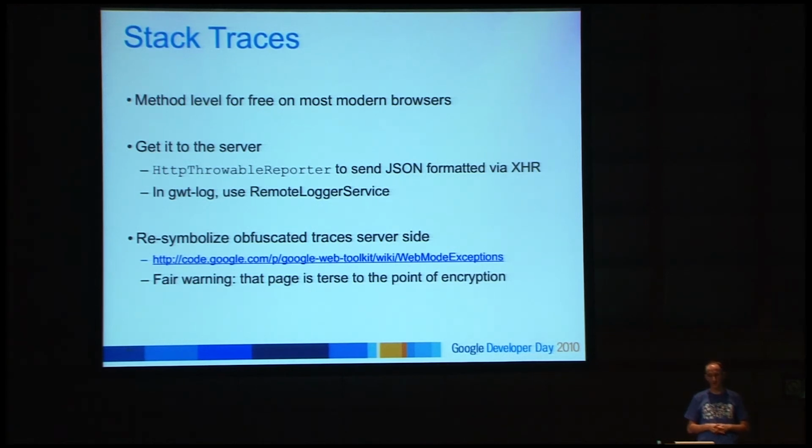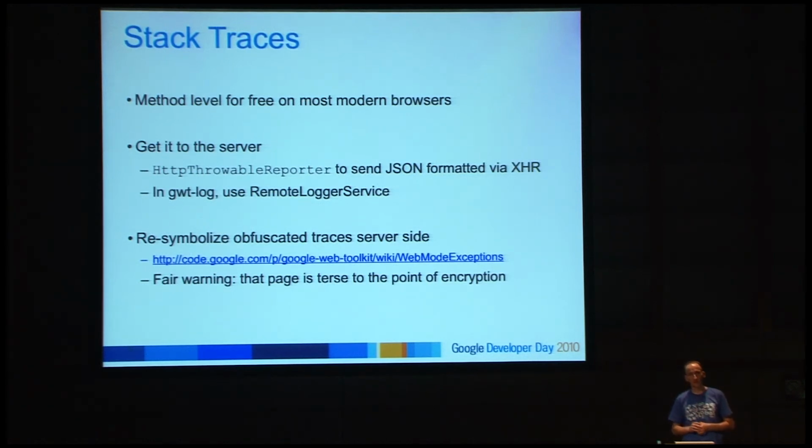Since a few releases, there's something called HTTP Throwable Reporter. This is a class you can find and it simply takes your stack trace and ships it to the server as JSON, and then you worry about it there. The other way is to use GWT log or Java util logging and ship them to the server that way.